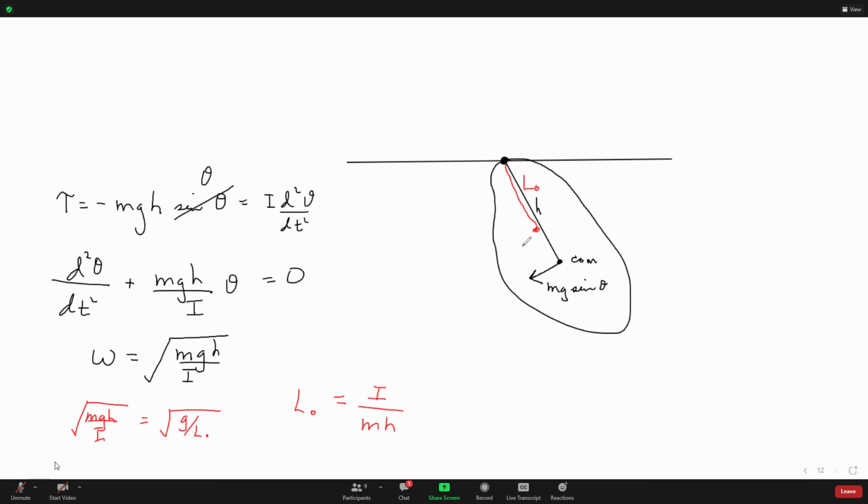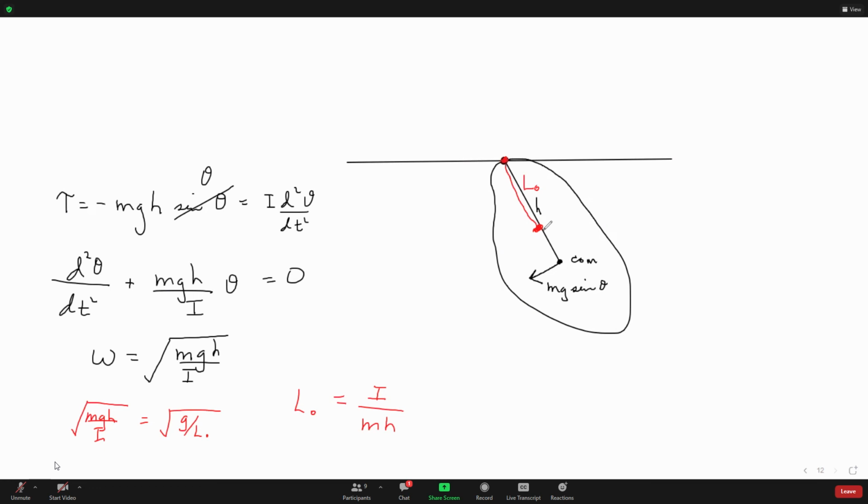Now, what is special about L0? Well, if my pendulum is supported at that point, I get the same period if I support it at that point.